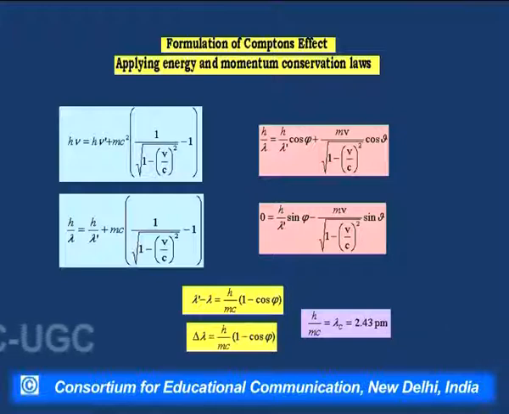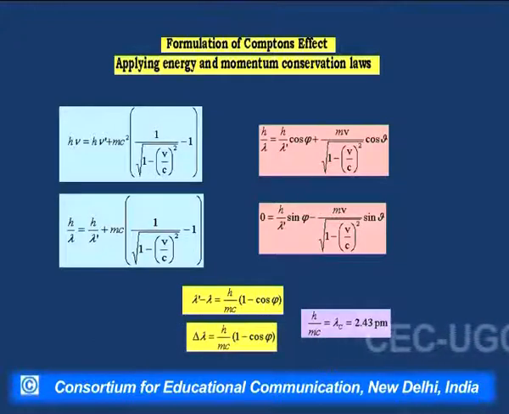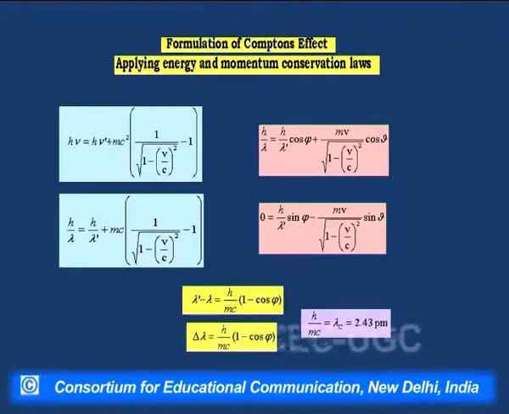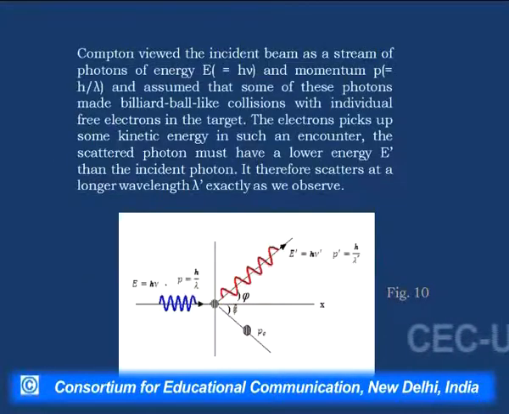Now on the right side, we can write down the conservation of momentum. Momentum is a vector quantity, so we have to resolve it into components. Along the x axis we write p dash cos phi, where p dash is the momentum of the photon and p is the momentum of the electron.